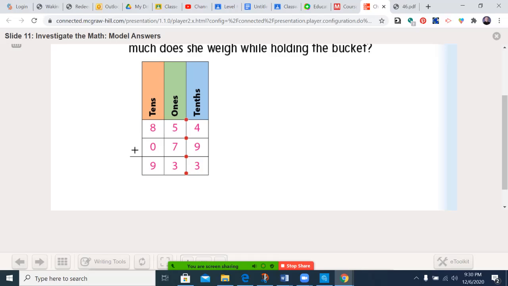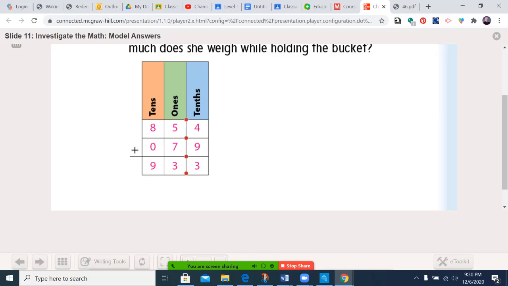So when you add 4 and 9, you get 13. So you put a 3 there and you regroup a 1. So when you go 5 and 7 is 12 plus 1 is 13. You can't put 13 in this box, so you put a 3. You keep 3 and you take 10 of those and regroup it as one group of 10. 1 and 8 and 0 is 9. So she would weigh 93.3 pounds.